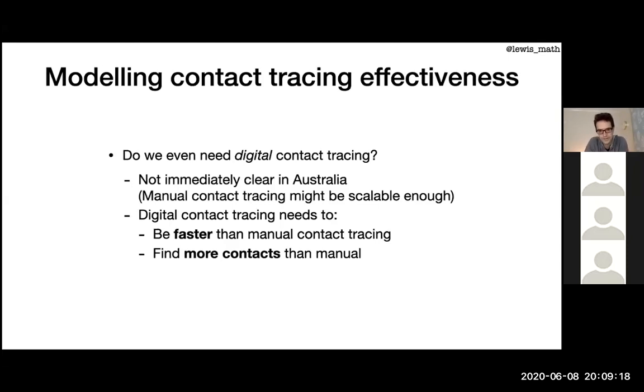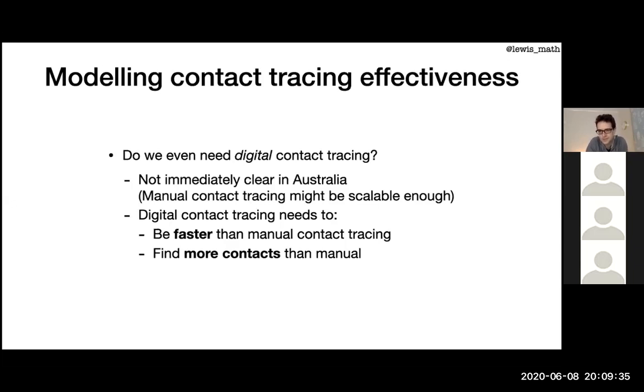So you should want digital contact tracing to be faster than that by identifying the contacts straight away. And perhaps more importantly, if it works, digital contact tracing should give you something that you could never get from manual contact tracing.